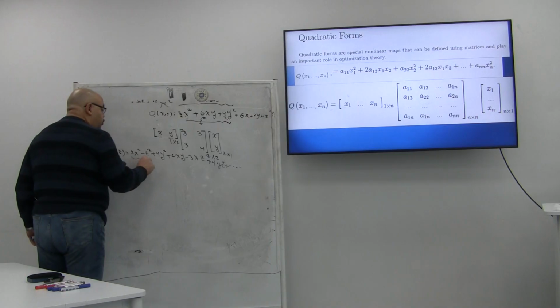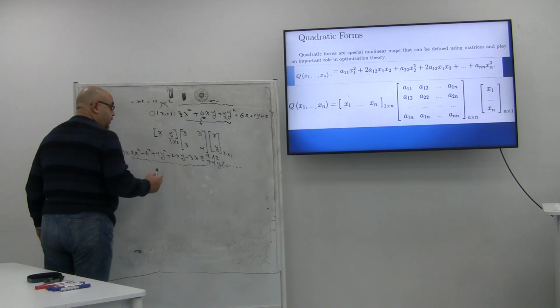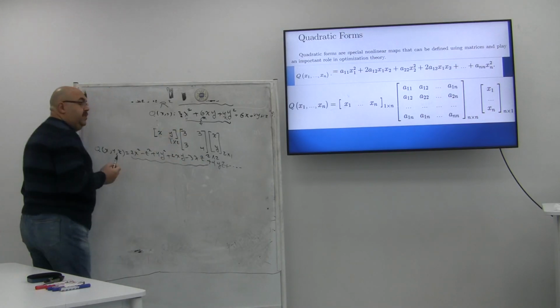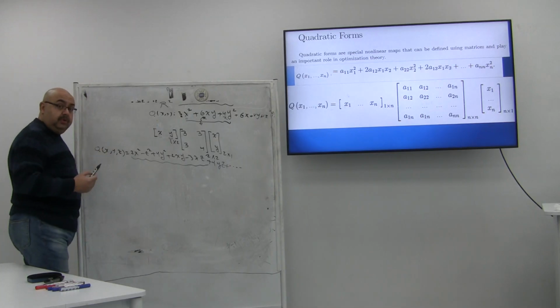If I want to use this quadratic part in order to write the matrix corresponding to this quadratic form, it's also really very simple.